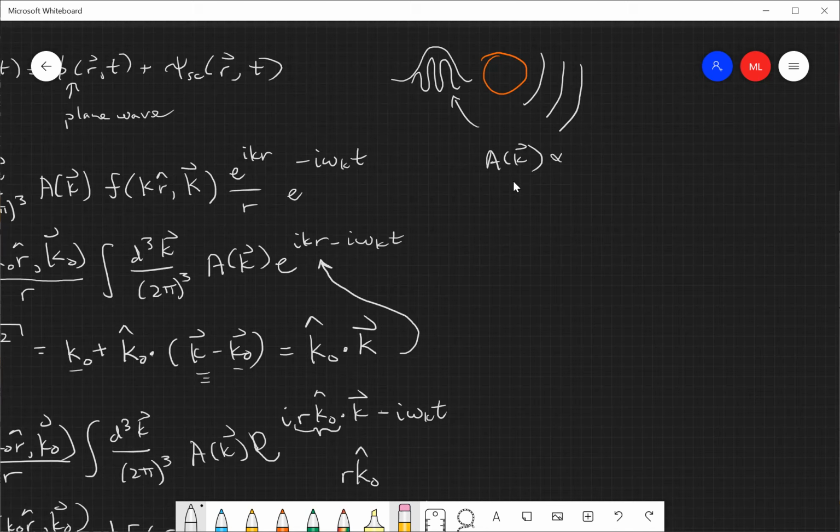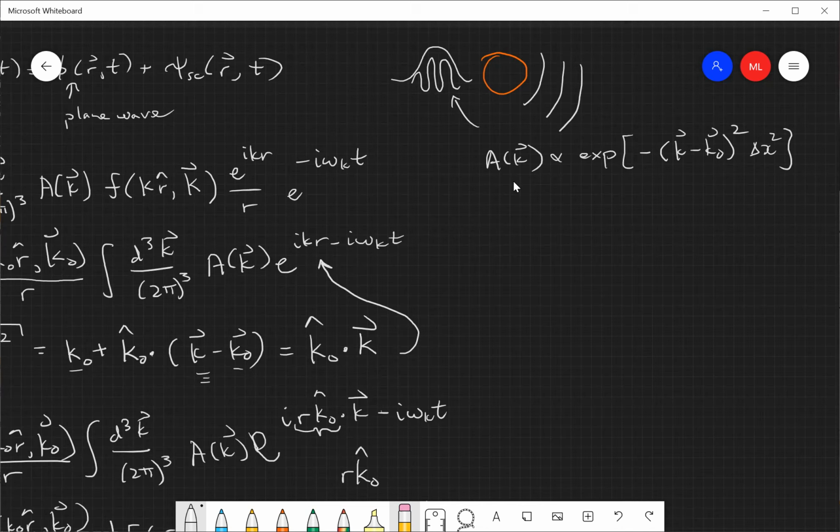This is going to be some Gaussian centered around a k naught, which you typically put along the z axis, and then it's multiplied by the uncertainty in your initial location, squared.